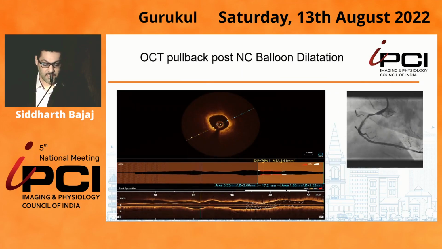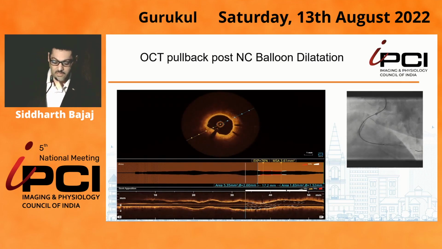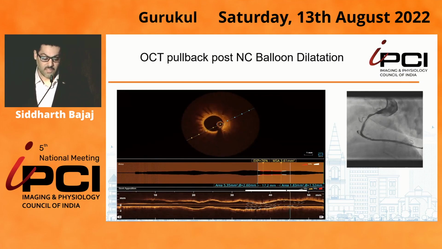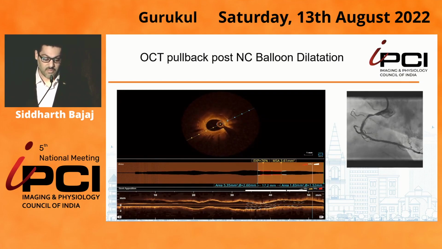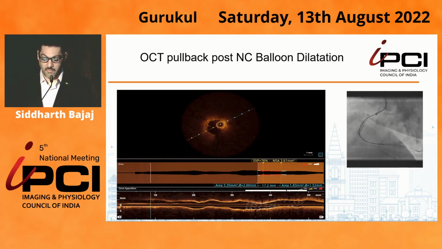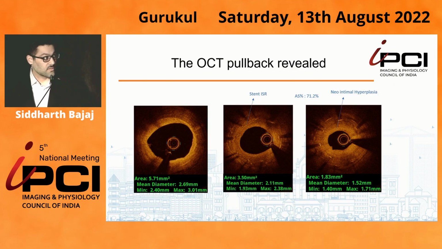What we can see here is a homogeneous neo-intimal hyperplasia with no focal variation in the back scattering. It showed the area was approximately 1.83 square millimeters in the middle of the stent, at the point where there was about 90% ISR.